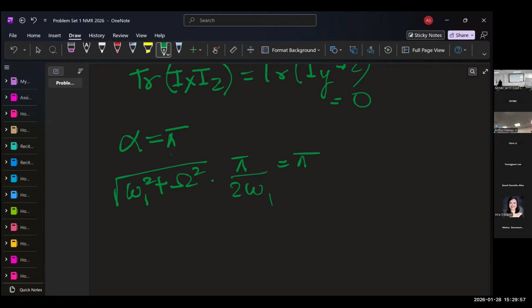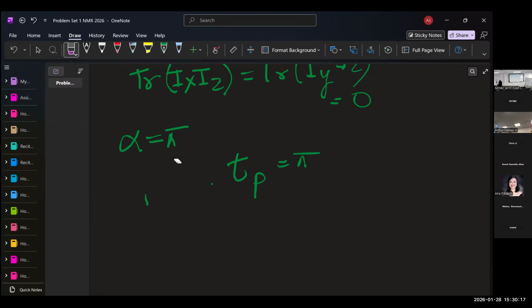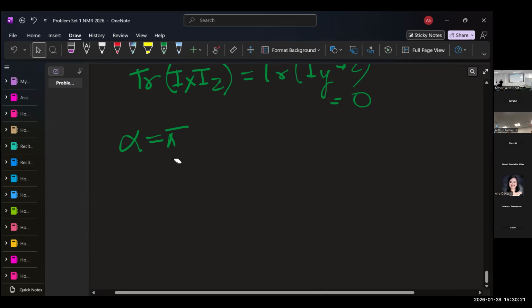No, we've already said that the offset is 10 kilohertz. The 90-degree pulse puts everything in the transverse plane after the length tau p. Now for this special offset, we can hit the transverse plane completely, but it won't be the same time. It'll happen at a different time.